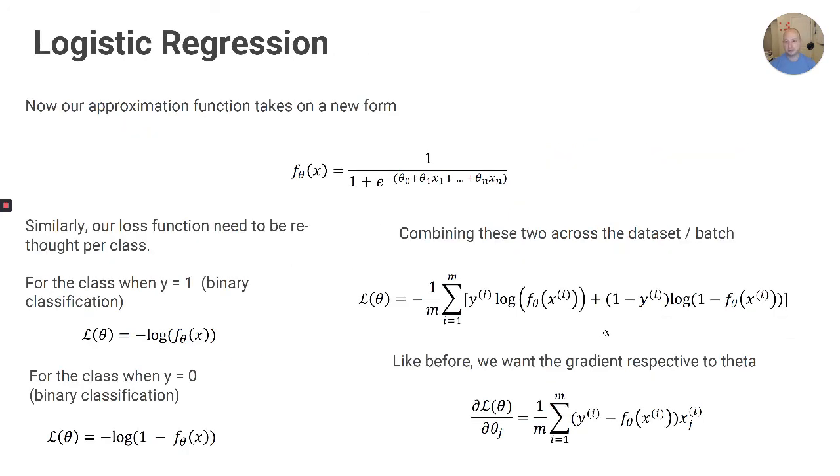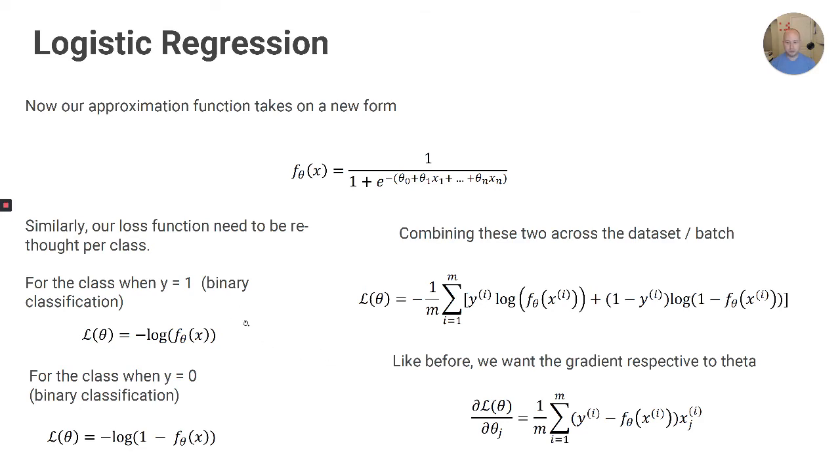So how do we do that? The way to do it is we pop it into x, right? In this case, we have theta 0 plus theta 1 times x1 plus so on and so forth for each parameter. Now we have to rethink our loss function a little bit.